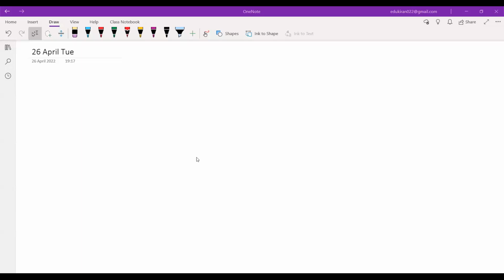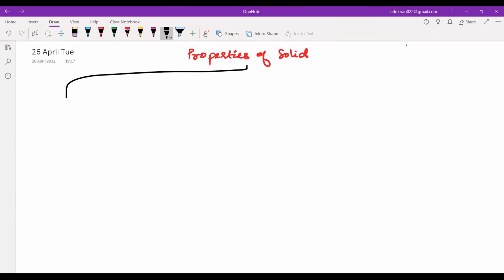Now, we have properties of solid. It is classified into further two types that we have to study. There are two topics in properties of solid: its electrical properties and its magnetic properties.